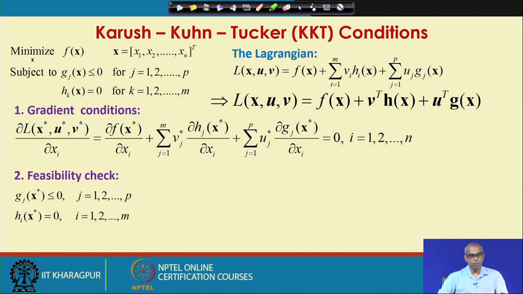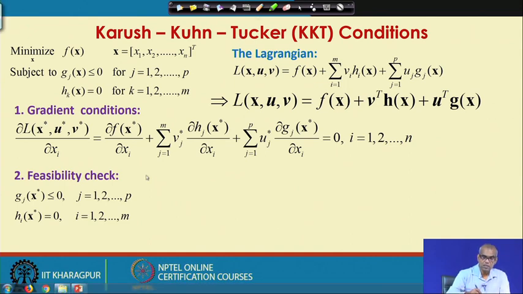Then we need to check the feasibility. The stationary point must satisfy the inequality constraints g less or equal to 0. So, all p inequality constraints g_j less or equal to 0, j equal to 1 to p, must be satisfied. Similarly, all m equality constraints must be satisfied.